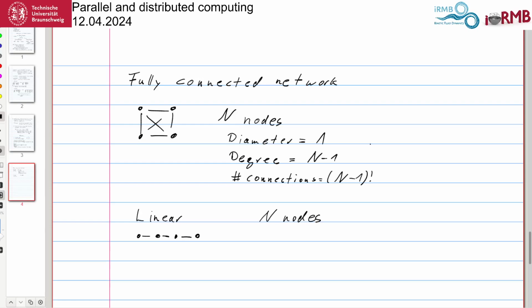So what is the diameter of this? N minus 1. What is the degree? 2. Why is it not 1? Because in the middle it is 2. So it's 2.